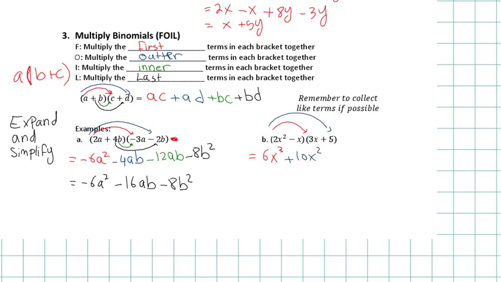Then, what's after the outer? So my inner: negative x times 3x, that's negative 3x squared. And then the last is negative 5. Are you guys okay with this?